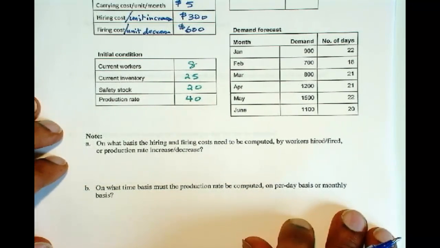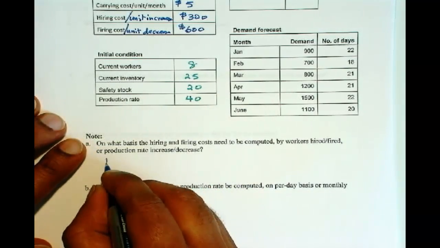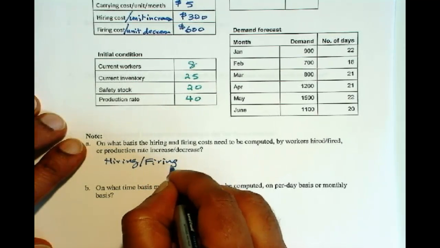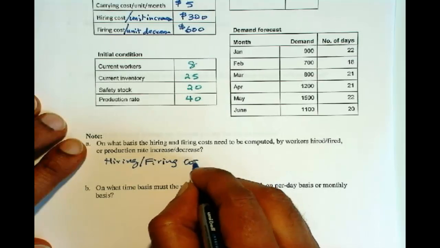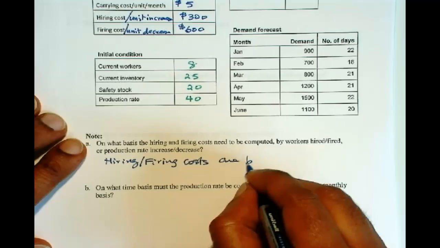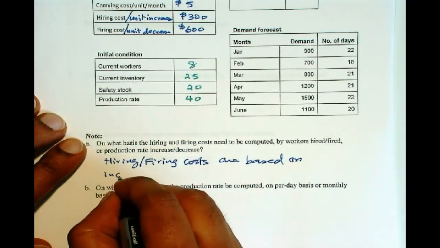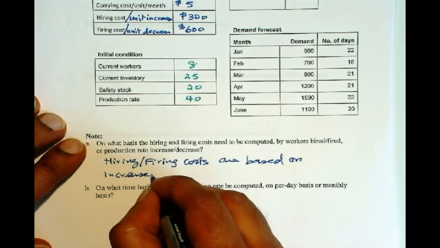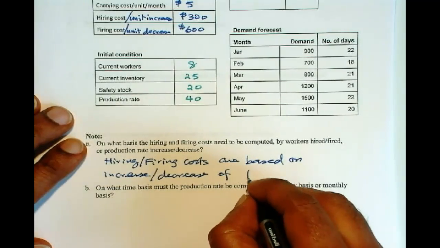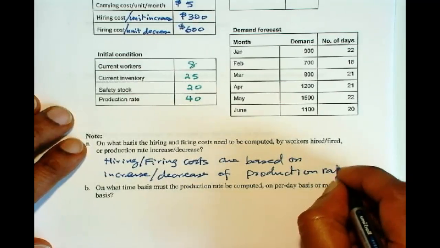So here, the hiring and firing costs are based on increase/decrease of production rate per day.